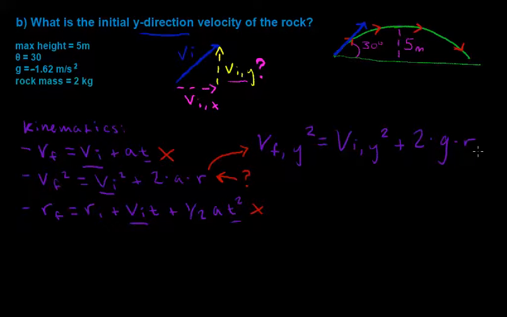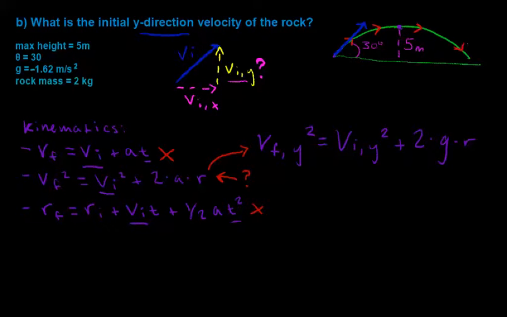And we actually do have this distance, and it would be the maximum height that we were given, the maximum height of the rock's trajectory shown right here from the initial point up until the rock has reached the point where it no longer moves upward and now begins to slowly go back down into a downward arch.